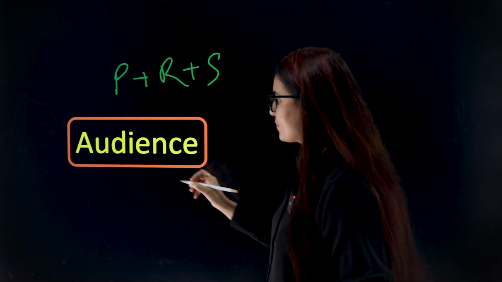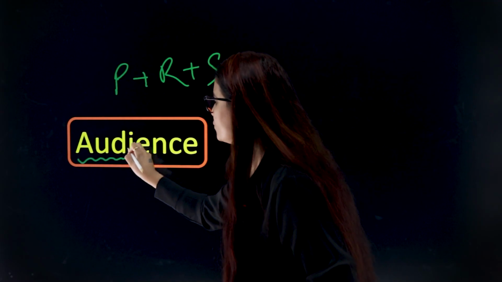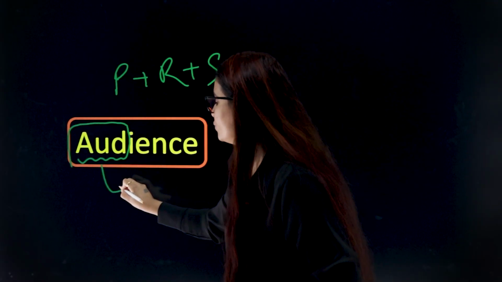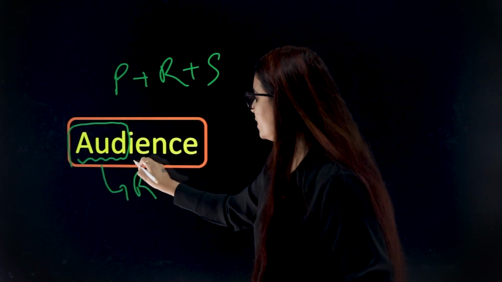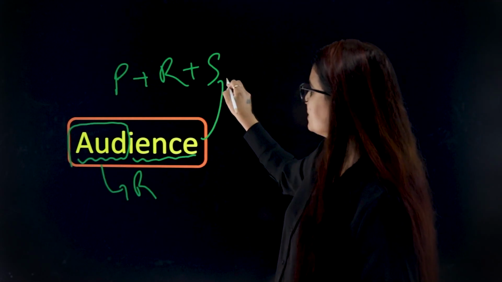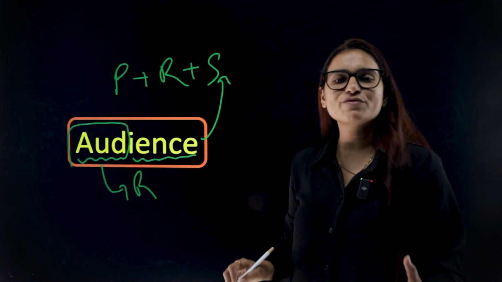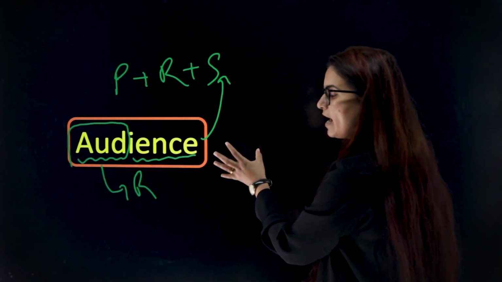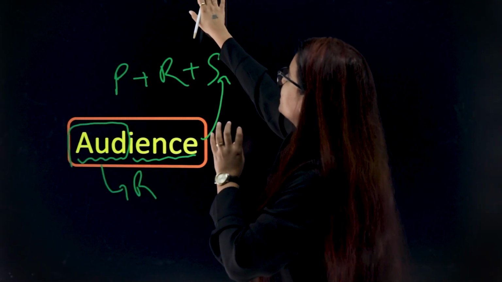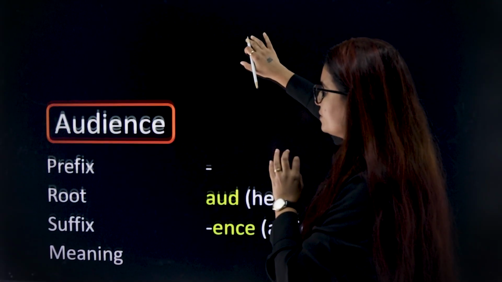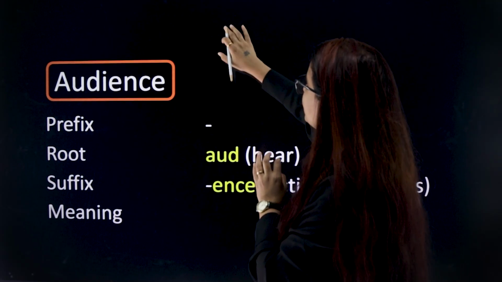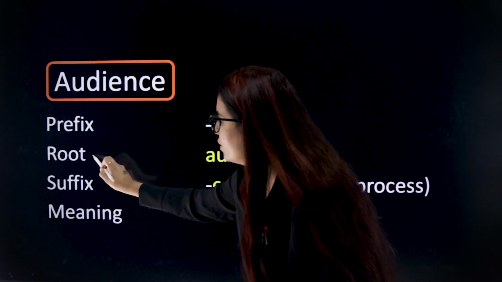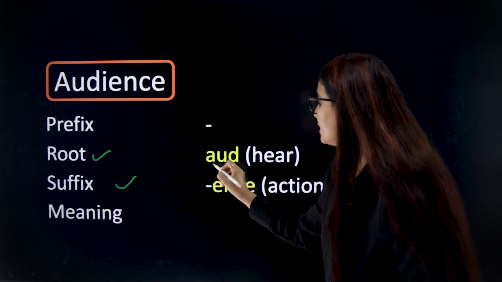So over here we have this word which looks like a root, and then we have this word over here which looks like a suffix. I don't see any prefix in this one. Okay, so we have root and we have suffix. We'll try to understand the meaning of this. This word over here can be broken down into root and suffix.